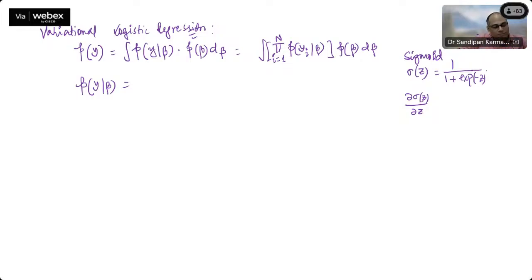It will be sigma z multiplied by 1 minus sigma z.